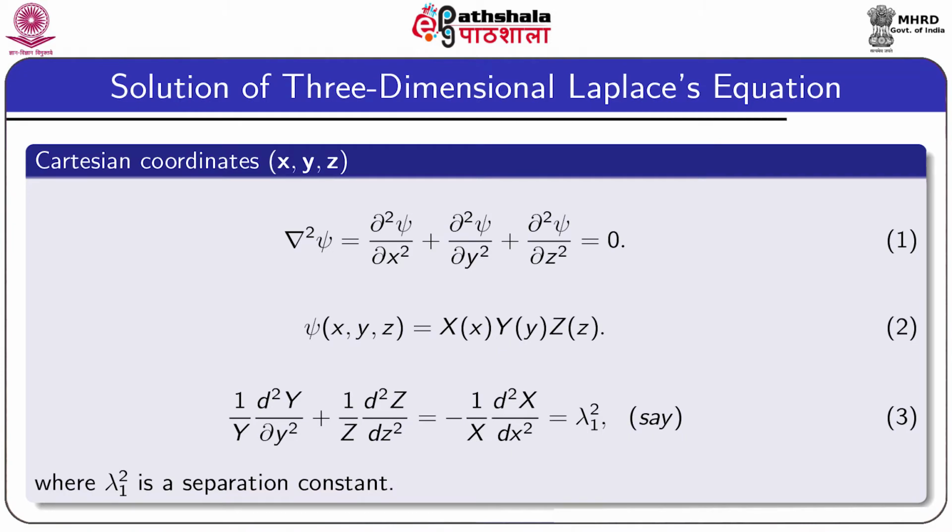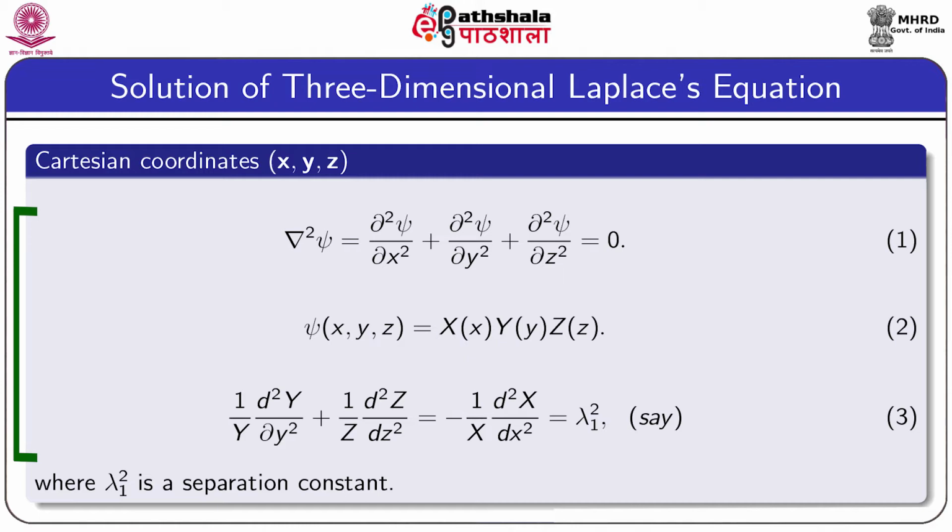As I have told, we want to find the solution of a three-dimensional Laplace equation in different coordinate systems. I shall use the technique, the separation of variables method, to find the solution. Now, the Laplace equation in Cartesian coordinates can be written as grad square psi, which equals del square psi by del x square plus del square psi by del y square plus del square psi by del z square equals 0.